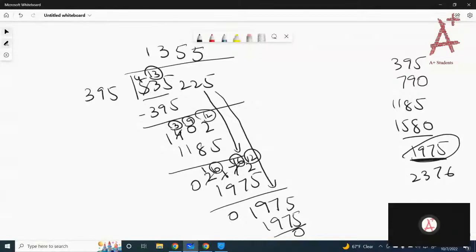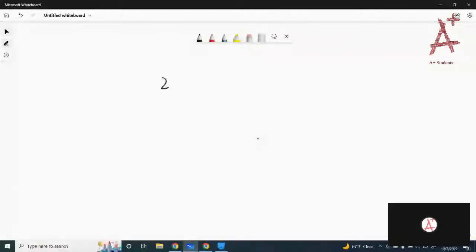Okay, the next one is 2400 divided by 825. So a 3-digit number is smaller than 825. So we can go for the 4-digit number, right? Let's just count the table of 825.